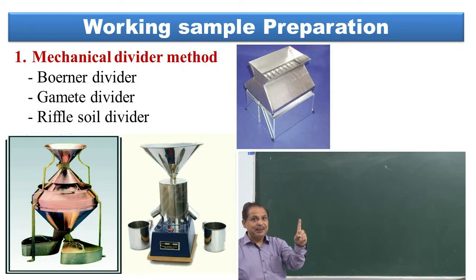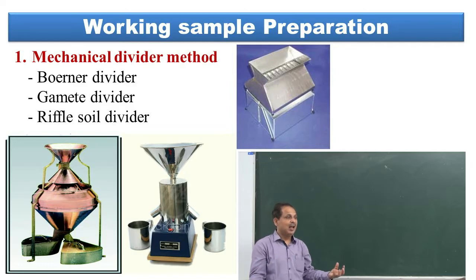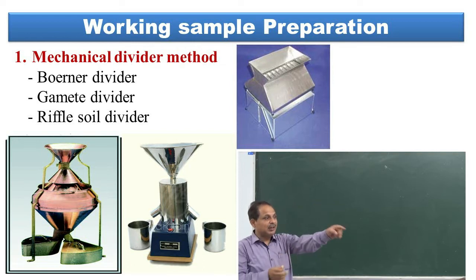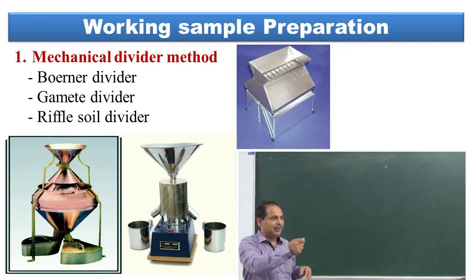There are pinpoints, and two slots are there. At the top there is a hopper in which the seeds have to be poured, and thereafter the knob is opened.